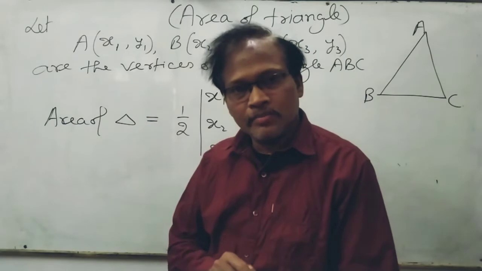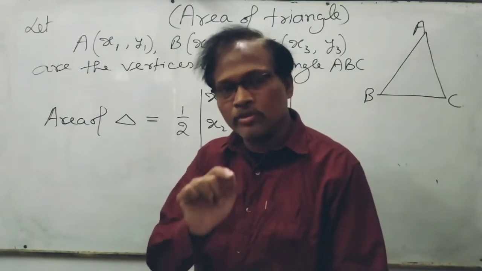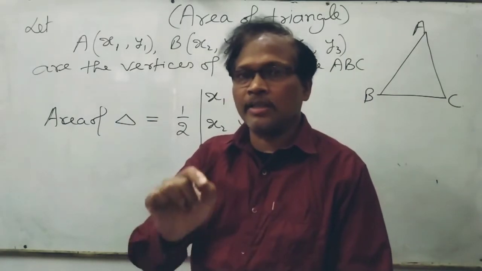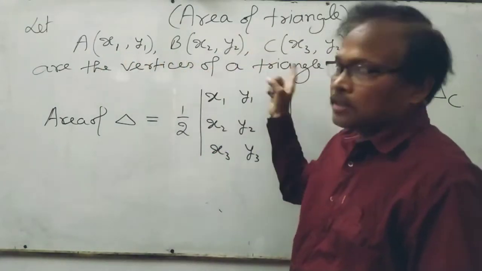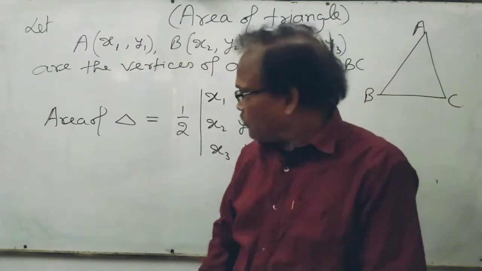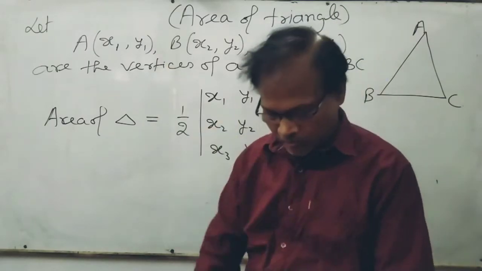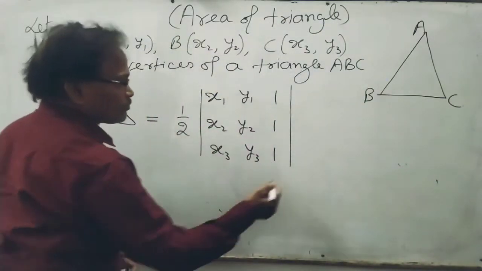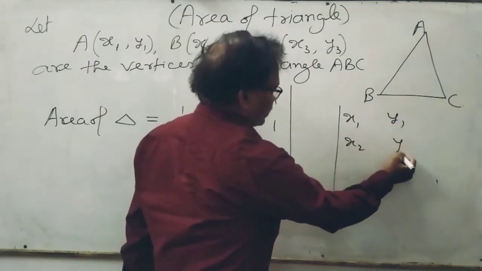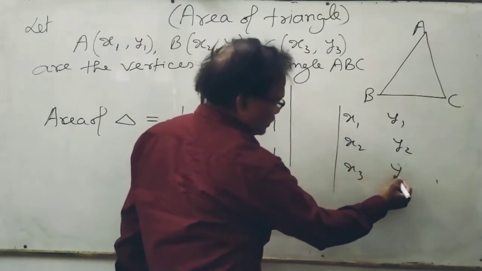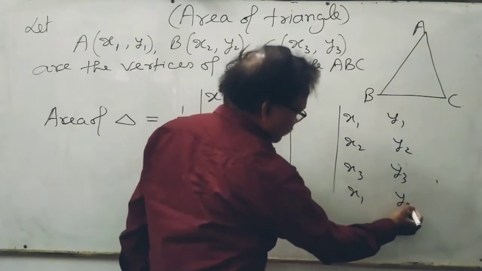Before that, in class 11th, you have also read how to find the area of a triangle if the vertices are given, by using the formula with x1, y1, x2, y2, x3, y3 and x1, y1 again.